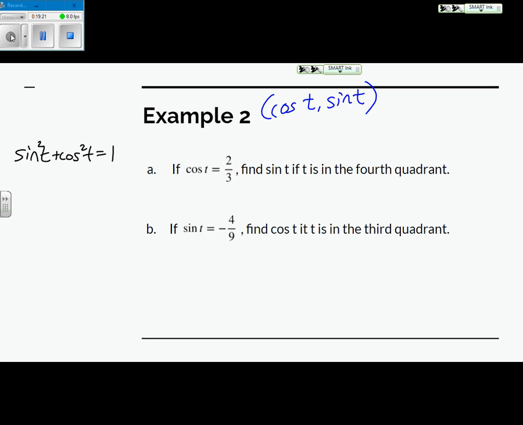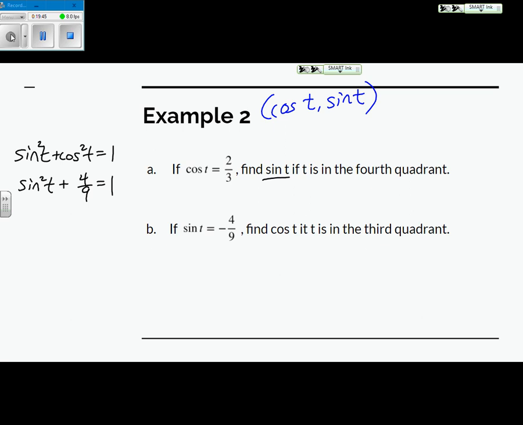Now, sine is what I'm looking for here, so I'm going to leave it alone. But cosine squared, if cosine is equal to 2/3, what do I plug in for cosine squared? 4/9. Okay, square the 2, square the 3, I get 4/9.